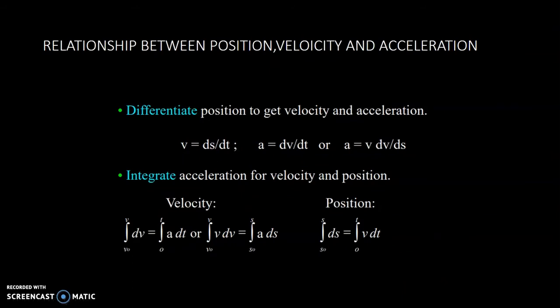For the relationship between position, velocity, and acceleration, we can use differentiation to get the velocity and acceleration from the position. As an example, to get the velocity, we differentiate the position, which is ds over dt. To get the acceleration, we differentiate the velocity, equals dv over dt or v dv over ds.